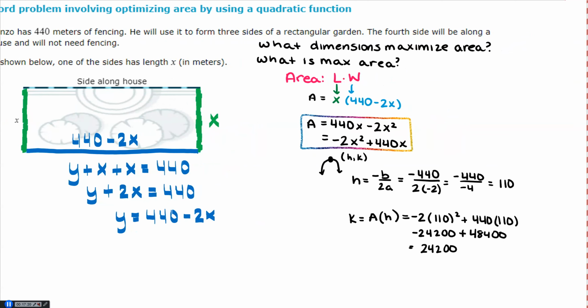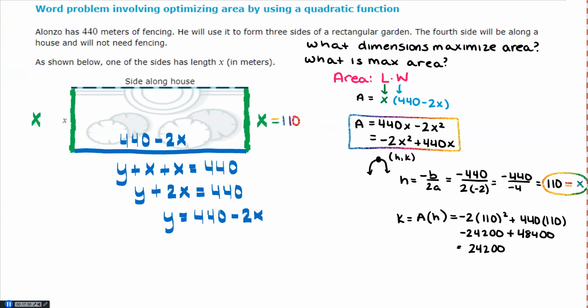So 110 is the x that's going to maximize the area. So if x is 110, what is y? Well, y would be 440 minus 2 times 110, which makes 220.